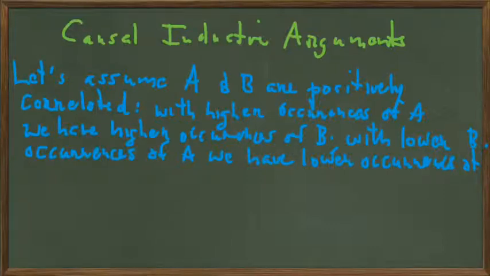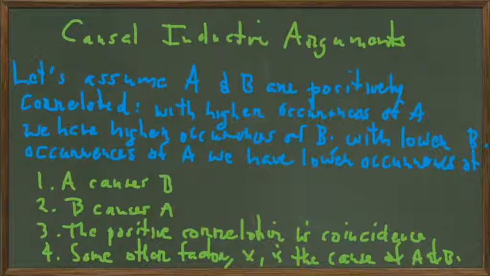What can we infer from that? There are actually three possibilities. Let's list them below. So there are actually four. Actually, we're going to put four possibilities, and we'll add one more. One is that A does cause B. Two, B causes A. This is when A and B are positively correlated.